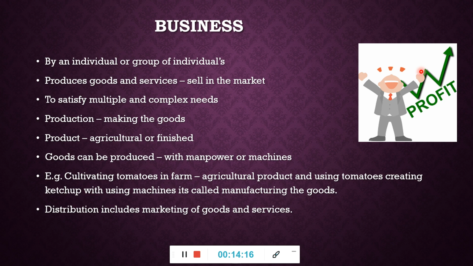That means there is production and there is a sale as well. यहाँ तक क्लियर हुआ? Now this business is going to satisfy a number of multiple and complex needs.